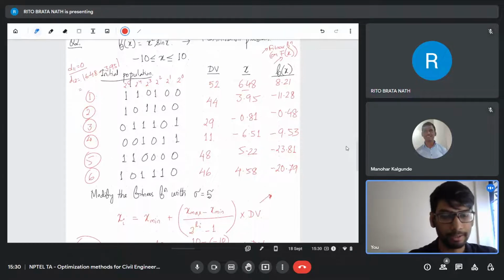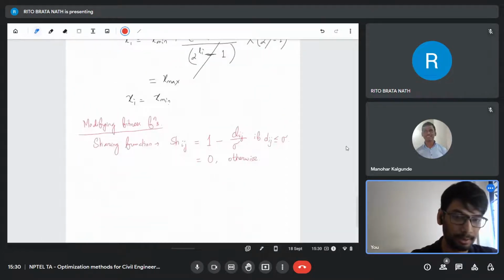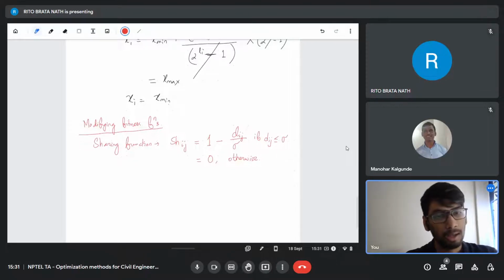So take it as a positive value instead of negative, because in that case, if you take it as positive, you can check whether that goes beyond the sigma or whether this is less than sigma. So now the challenge is to calculate all these Dij values so that you get this sharing function table.